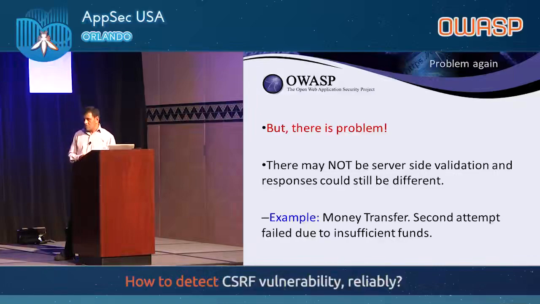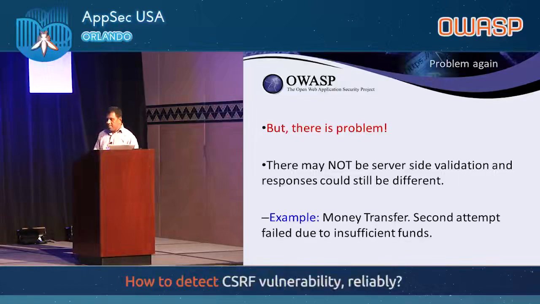The first call will go through because you have transferred $100 out of $150. That works fine. But when you make the second call, that call is going to fail. Why? Because you do not have sufficient balance. Now the second response is going to be different, not because of CSRF validation, but because of business logic. It's for a different reason. So you cannot rule out this possibility, and that logic is not going to work.